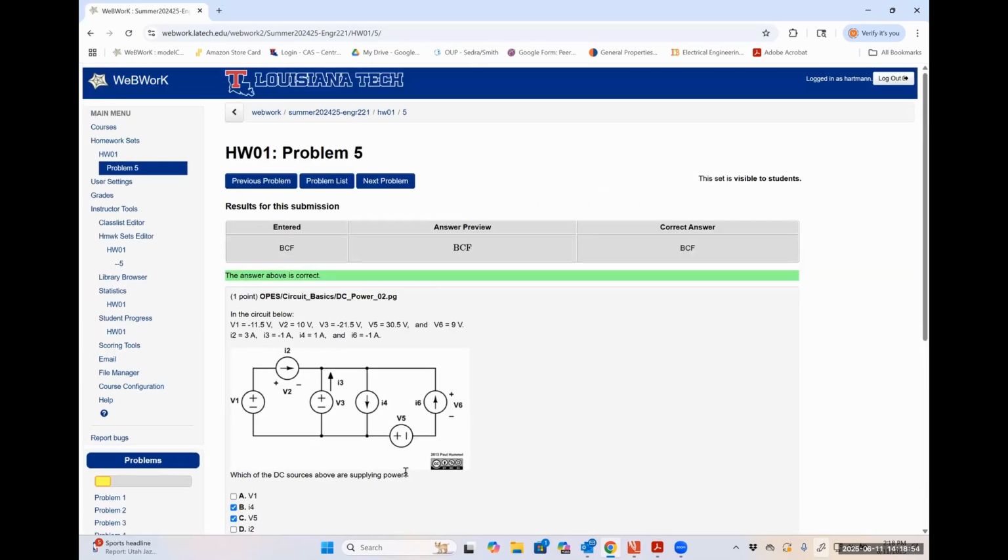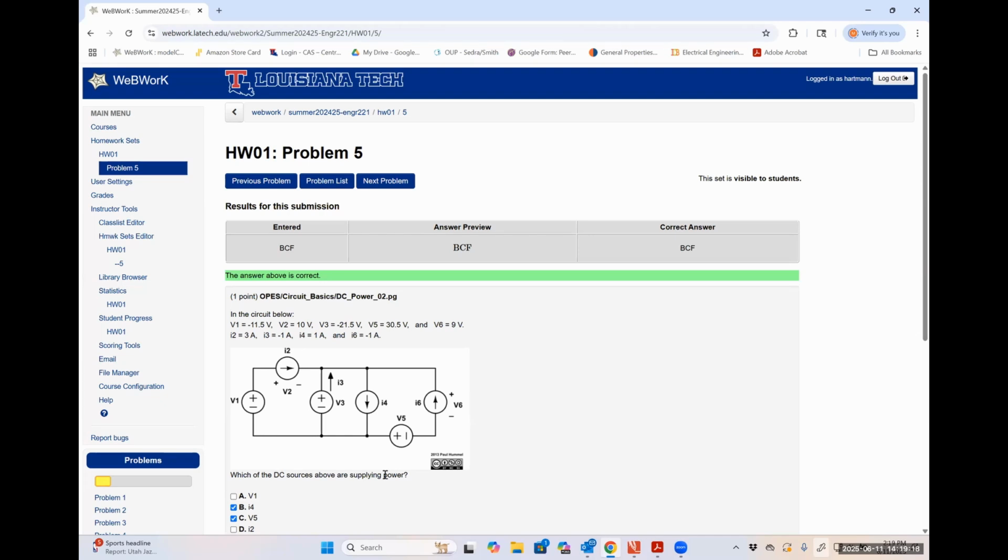And I was indeed right. So I think the overwhelming majority of the confusion on this particular problem is because it's worded poorly: it says which of the sources are supplying power when it really means which are supplying positive power. Graham, was that explanation sufficient for you?